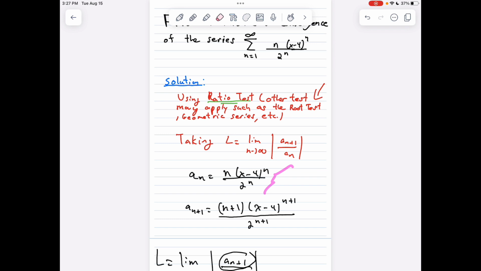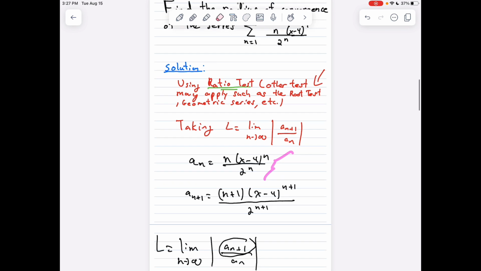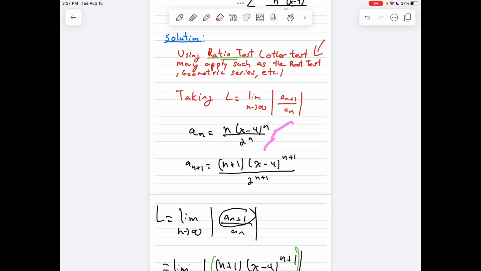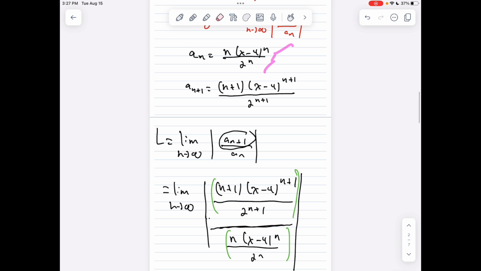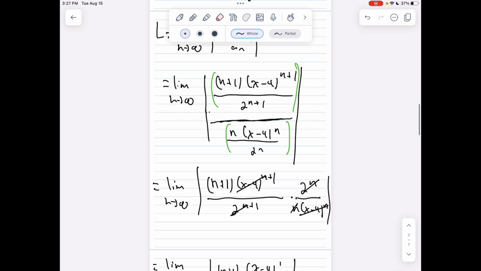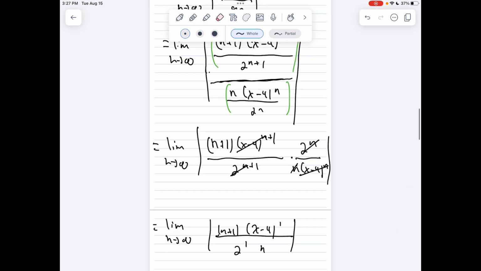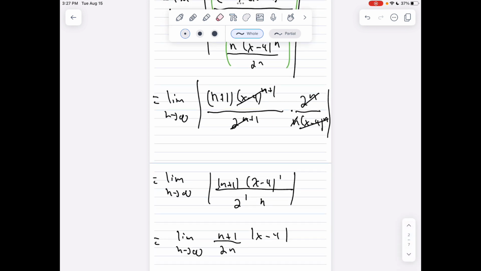If you had a (-1)^n here, like an alternating term, you could also include that. And a_(n+1) is just the term after a_n, which for computational purposes just means you're replacing all the n's with n plus 1. And then we took the ratio of those two, a_(n+1) over a_n, and we got something along these lines. And we did a bunch of work to simplify.